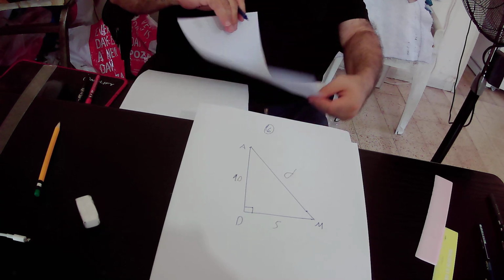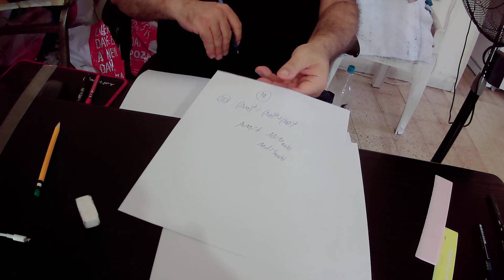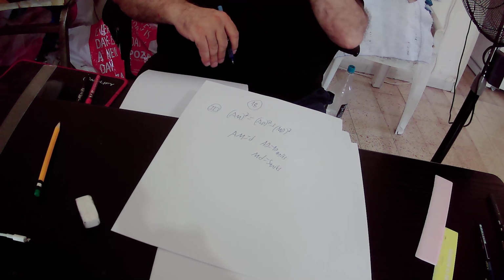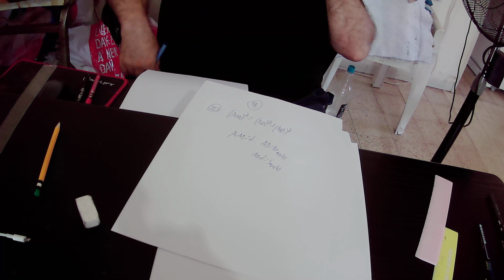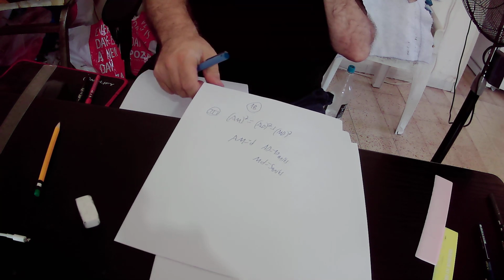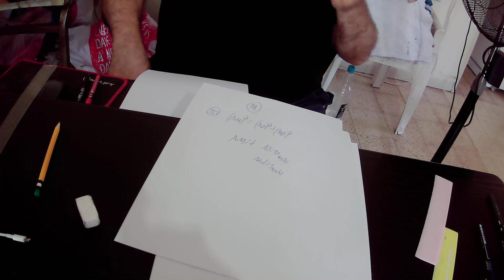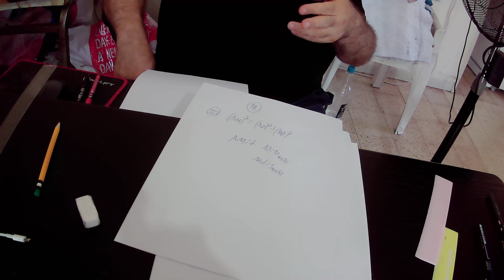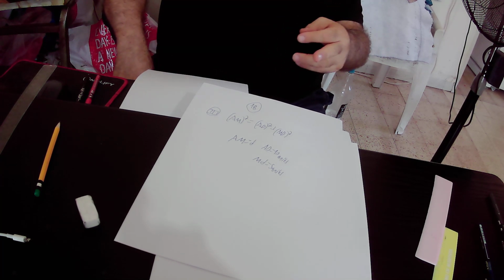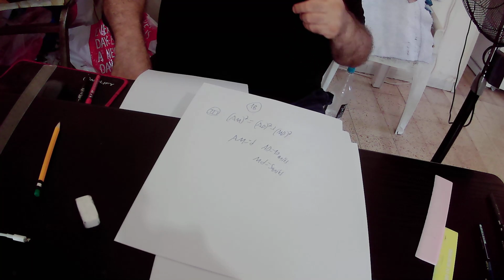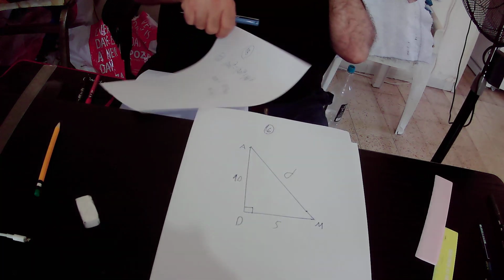Okay? AM equals d, AD equals 10 units, and MD equals 5 units. So we can substitute AM by d, AD by 10, and MD by 5. Okay?